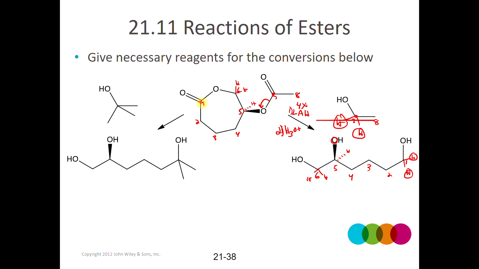One would come in here, push these electrons up, and when they swing back down, it would push out this leaving group. That's how the ring gets open. That's how this oxygen here, that's on carbon 6, gets separated from carbon 1. Then a second hydride would come in, push electrons up, and so that's how this oxygen would become negative and how I get 2 hydrogens on carbon 1 instead of 0.